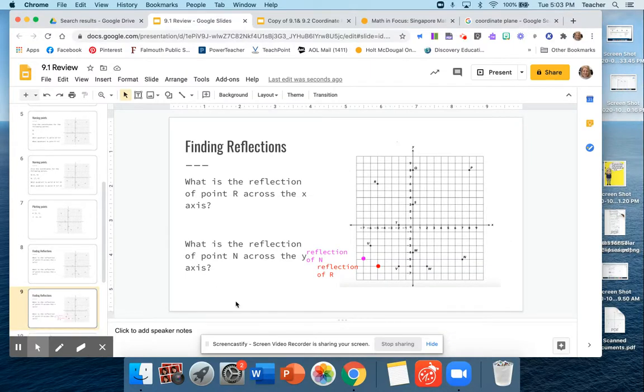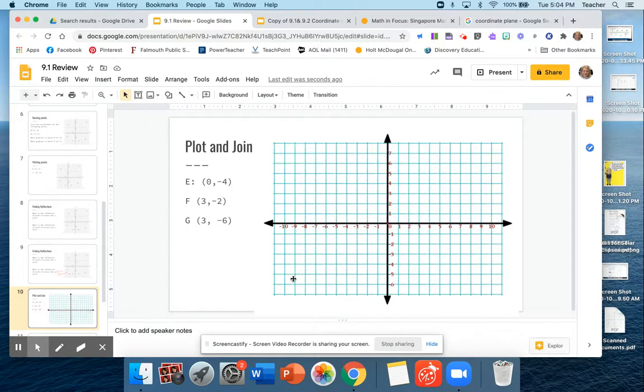Okay, I fixed N. N is now reflected across y. My original point N was at 7, -5. When I cross y, my x coordinate is now the opposite, -7, but my y coordinate remains the same.